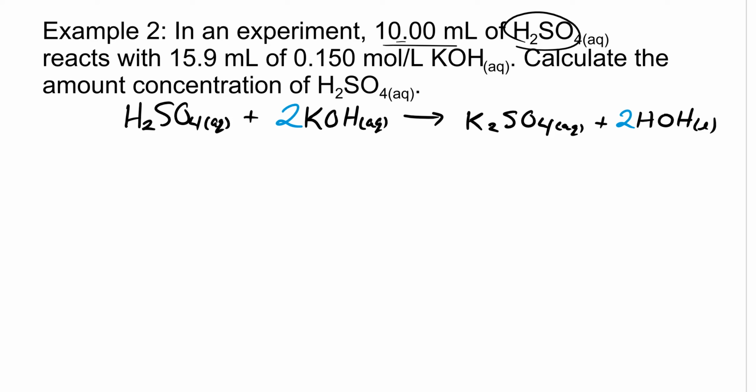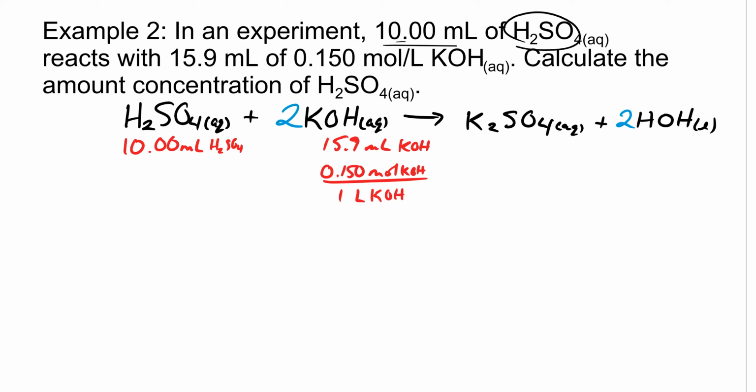So now that we have our balanced chemical reaction, we're going to put our puzzle pieces below it. In an experiment, 10 milliliters of sulfuric acid, H2SO4, reacts with 15.9 milliliters KOH, and the concentration of the potassium hydroxide was 0.150 moles of KOH in every 1 liter of KOH.